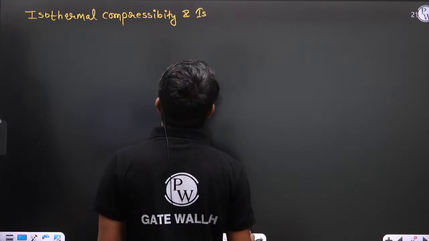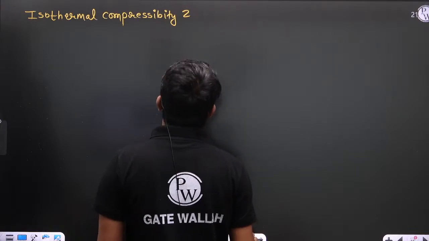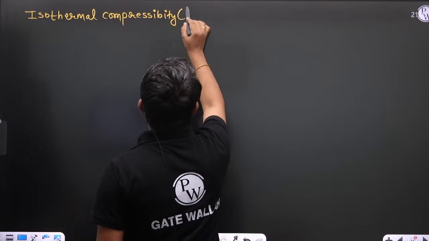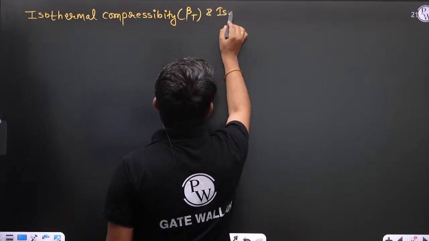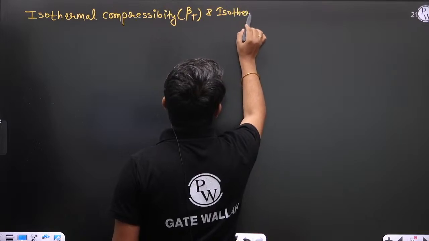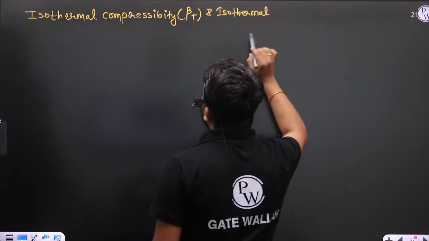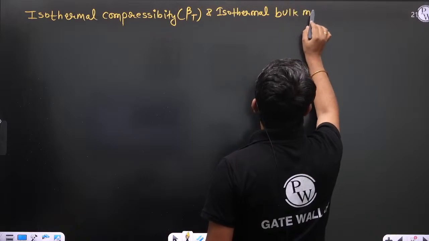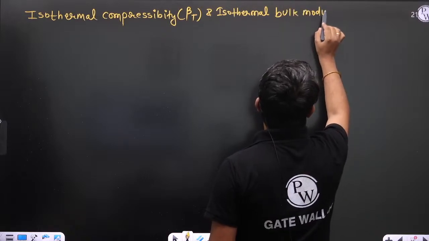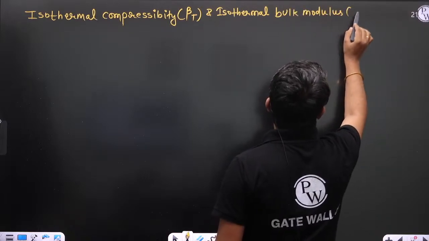Isothermal compressibility, beta T, and isothermal bulk modulus, that is K.